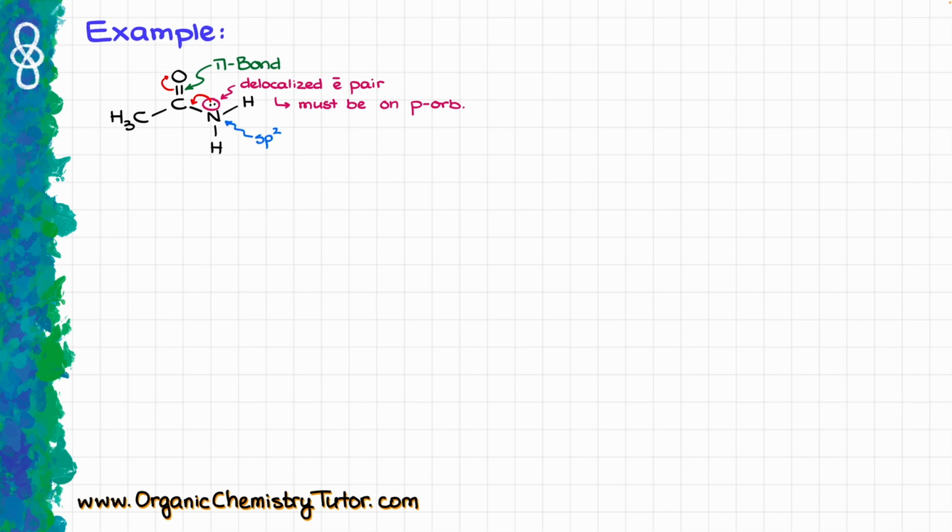Overall, this means that this nitrogen is going to be sp2 hybridized and the carbon is also going to be sp2 hybridized, which means that this entire portion of the molecule over here is going to be planar. All of these atoms, carbon, carbon, oxygen, nitrogen, and both hydrogens on the nitrogen, are going to be sitting in the same plane.